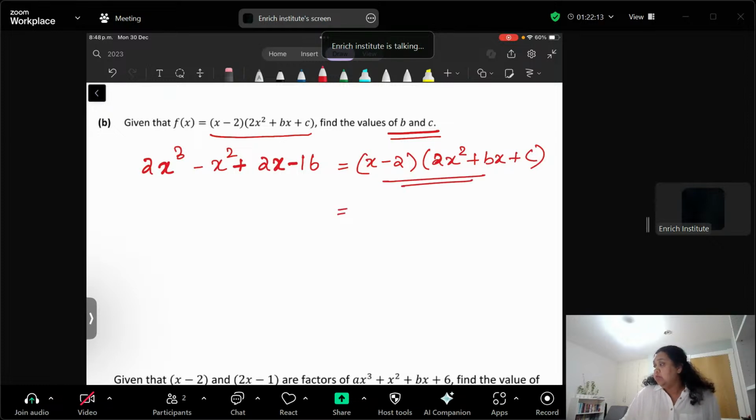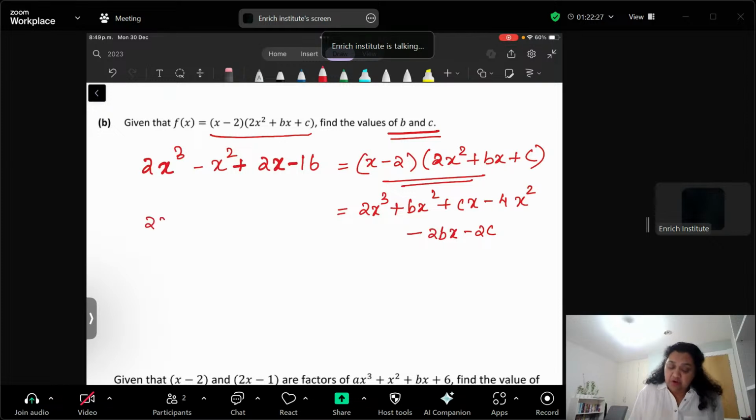So I will simplify this as 2x cubed plus bx squared plus cx minus 4x squared minus 2bx minus 2c. I simplify the right hand side and I'm going to write the left hand side also, 2x minus 16, and then I equate both the terms.